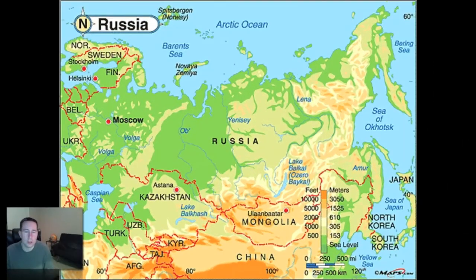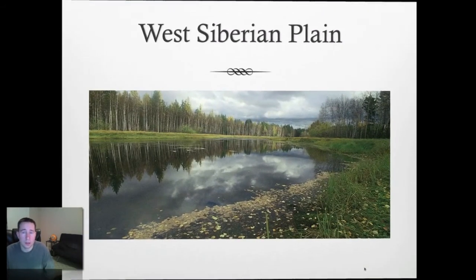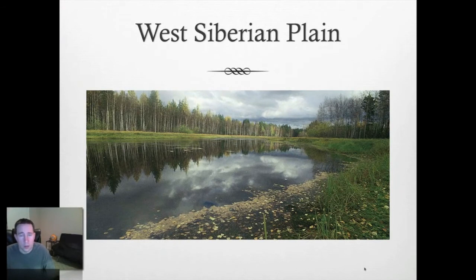Now, the next region that we want to take a look at is the Western Siberian Plains, and here you go. The Western Siberian Plains experience some incredibly harsh winters, some very bad winter conditions, and yet at the same time the landscape itself is fairly flat, and as you see there in the very background, it has some distinct forestry that we're going to talk about in just a second.